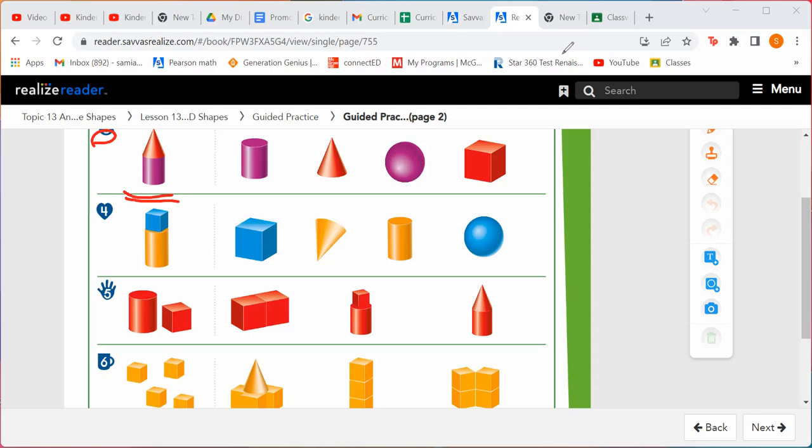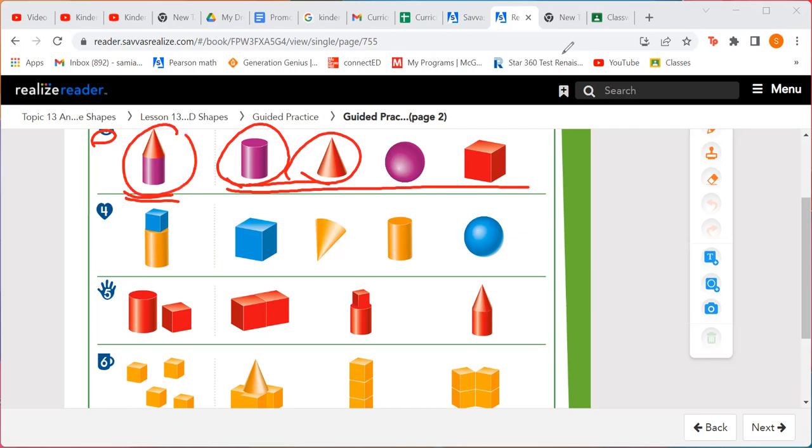What tools did we use from these to build it? It looks like there's something on the bottom and there's something on the top, a cylinder and a cone. We use these two shapes to build this shape.